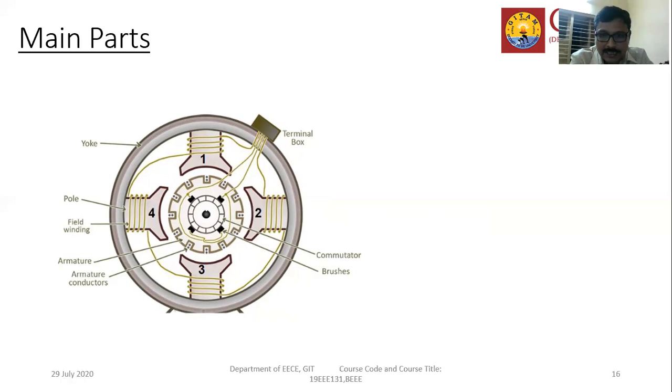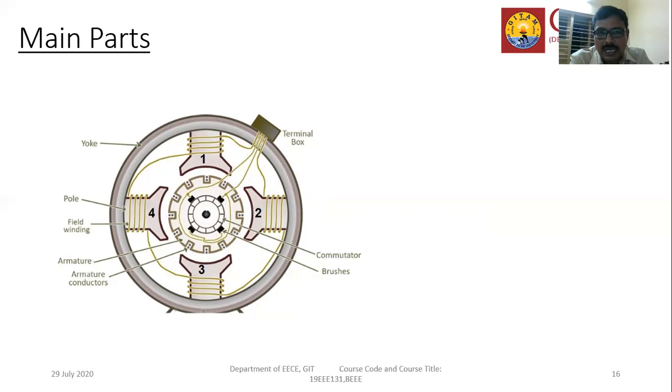While rotating, the conductors of the armature winding are linking the flux, and when the armature is rotated, the flux linking those conductors will change. That means we are creating a d by dt of flux, and there are already a certain number of conductors in the armature.